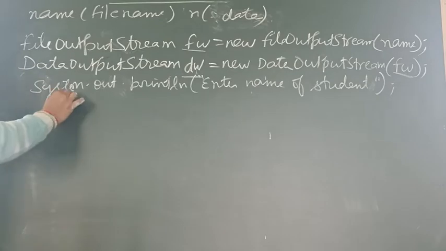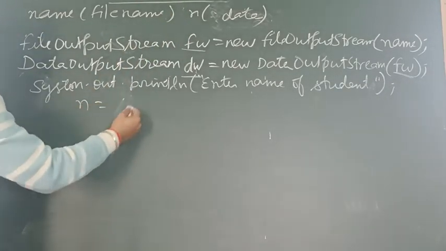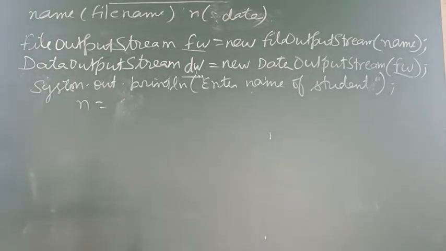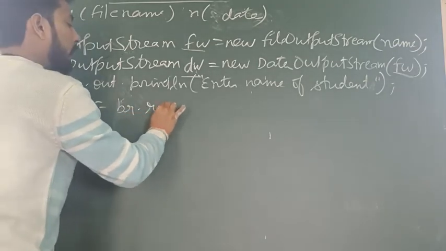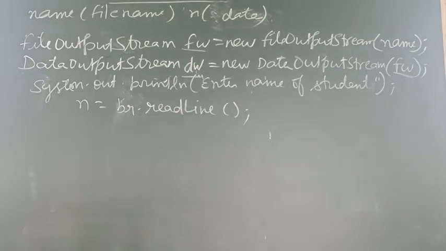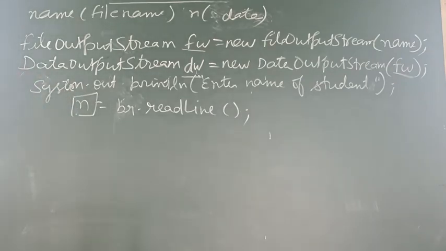So the name of student we have taken in the variable n. So n equals to, not sc, br. We are taking the name now, so we don't need to give the parse. We directly write br.readLine. Okay. Now br.readLine, our data is in our variable n. The value held by the variable n will be written in the file abc.dat.